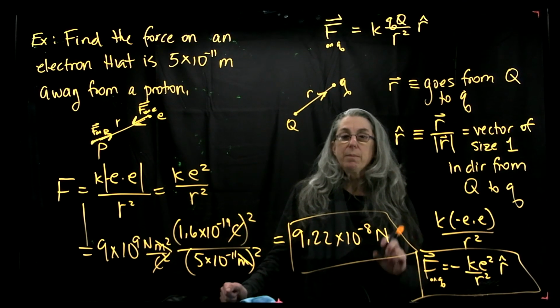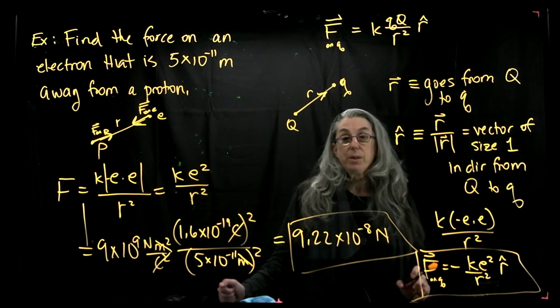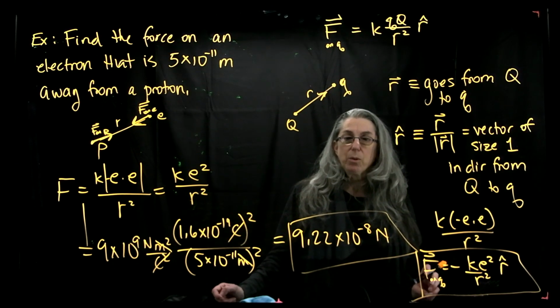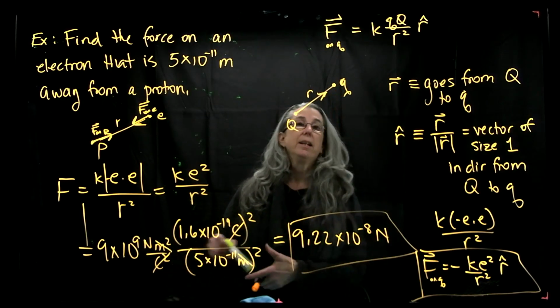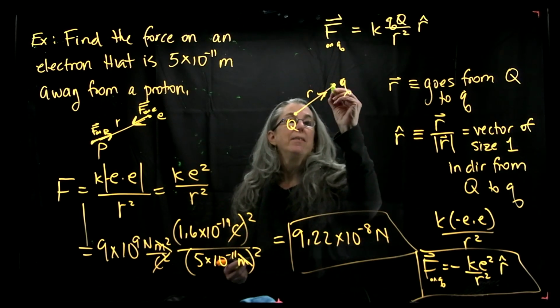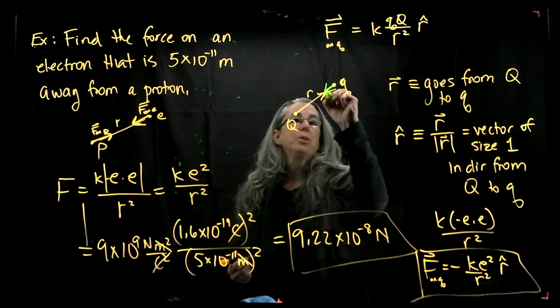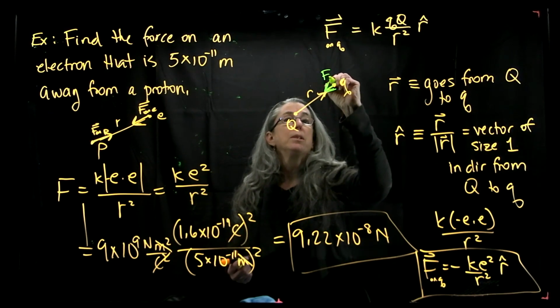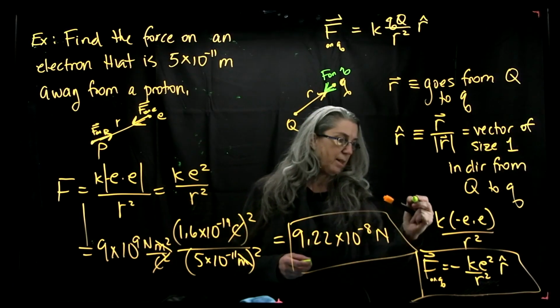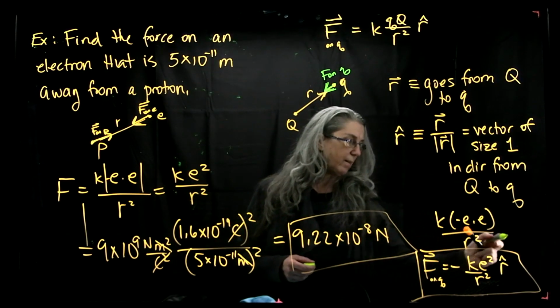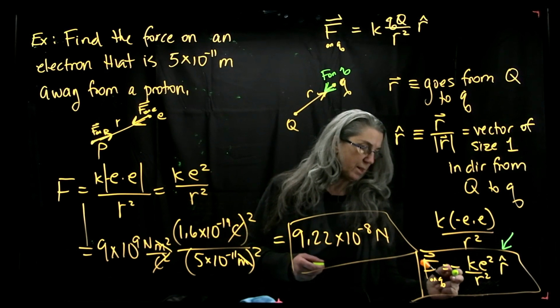In this case, I'm calling big Q the source charge. It's the one I put at the origin to make r look like the regular old position vector. So if r goes this way, then it absolutely makes sense that there is a negative sign, because we said opposites attract, and the force on little q is in this direction that matches the negative sign that we have right here. So there's the negative sign.